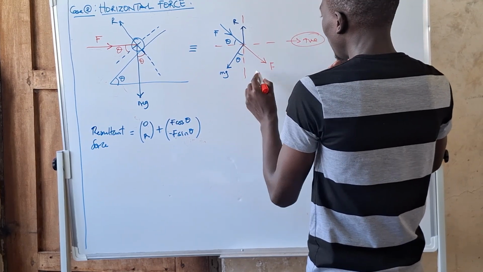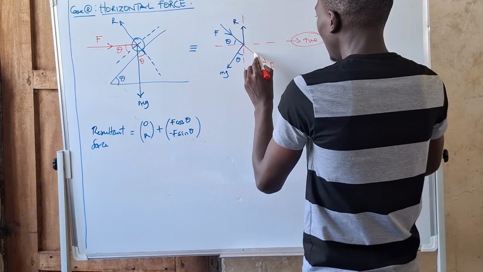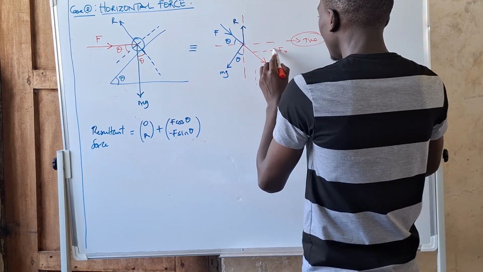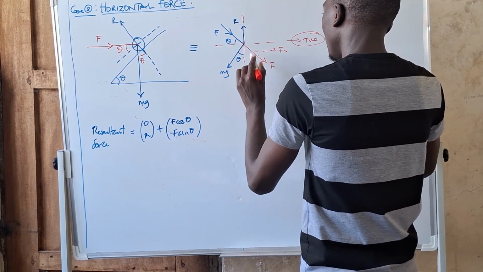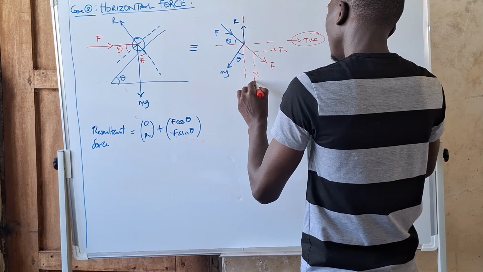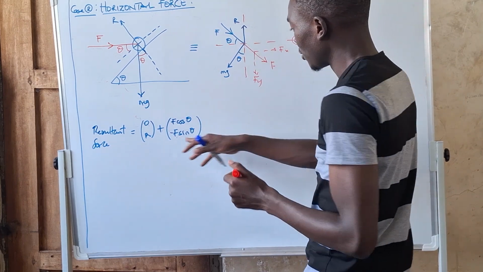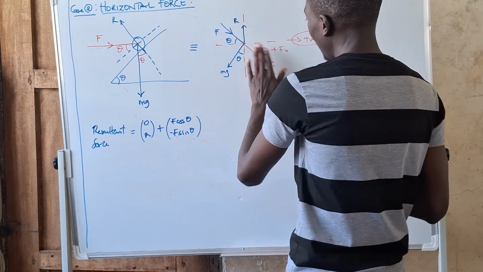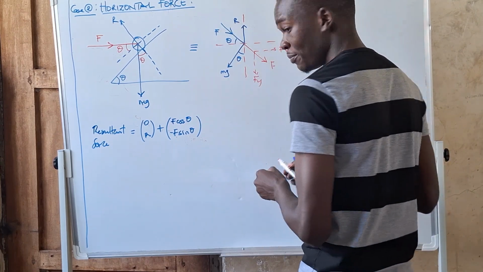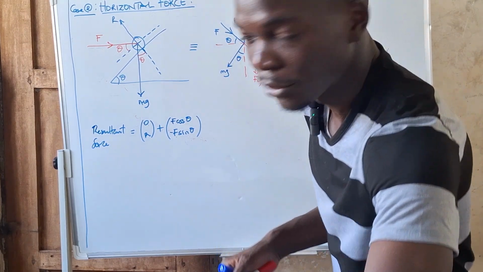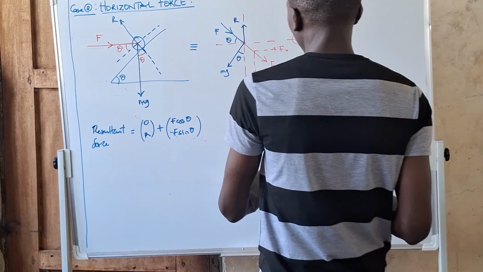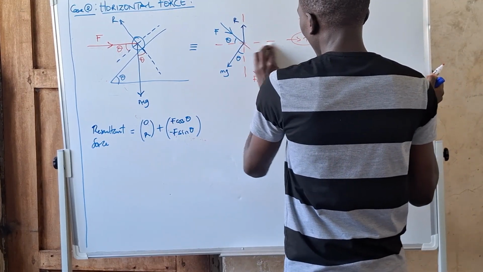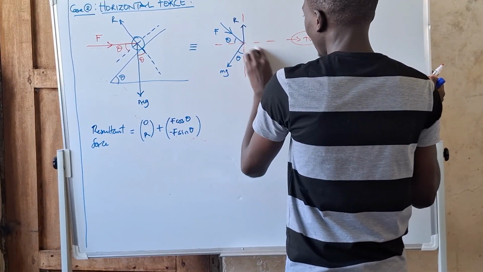And when I resolve it vertically, its component Fx is in positive horizontal, and its component Fy is in negative vertical. That's why you have that. Good. But this is not necessary. You can see it from there. You can always get used to seeing it from that point. But this is where it comes from.